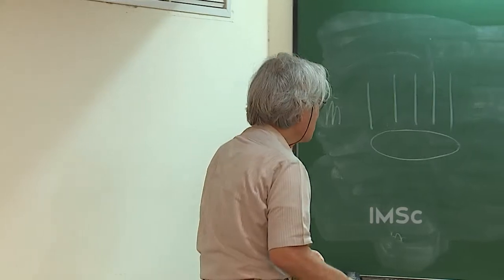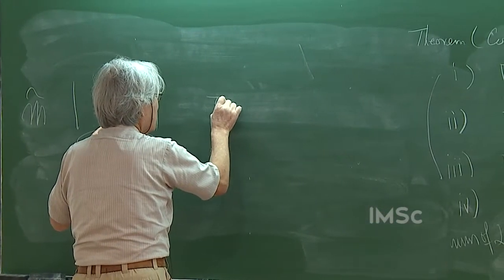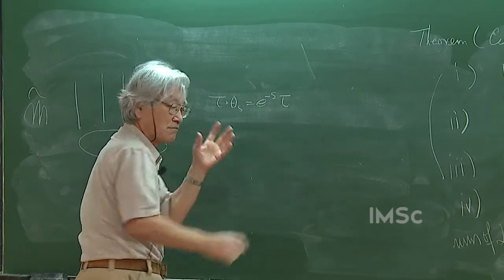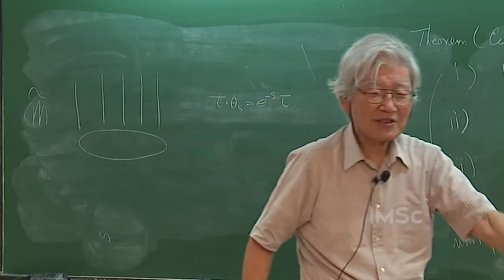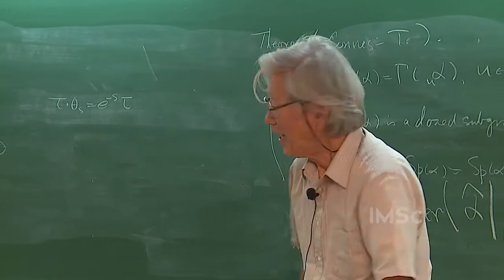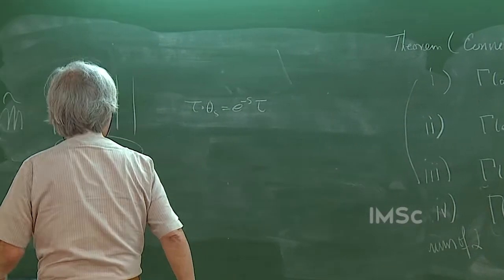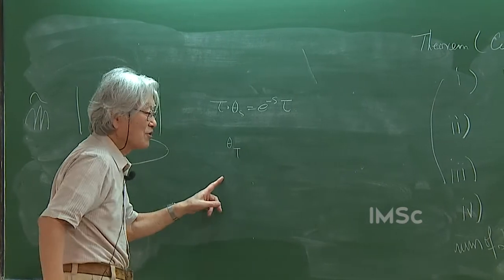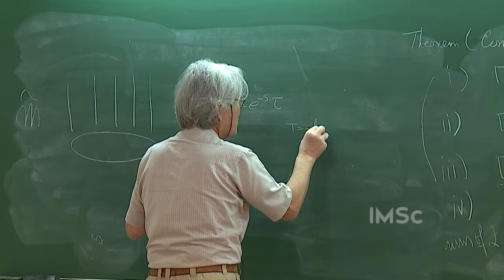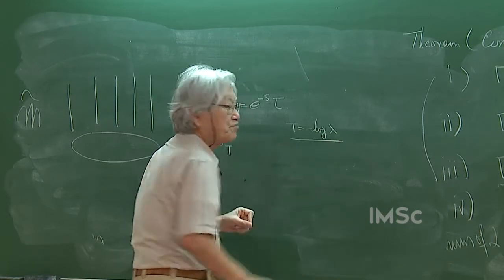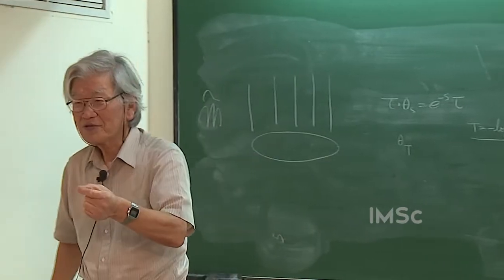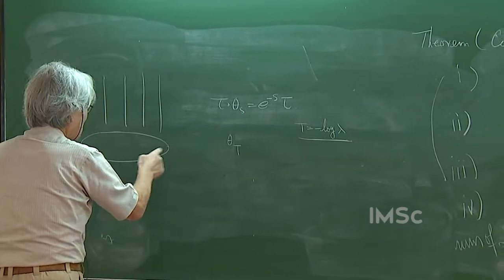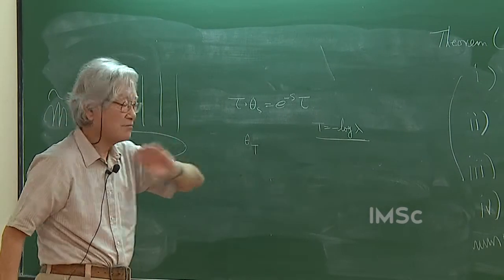Okay, what happened? At the same time, the trace is being scaled down. That means when you wait up to the precise period t, t is minus log lambda, then this theta t does not act on the center, that's a count, right?